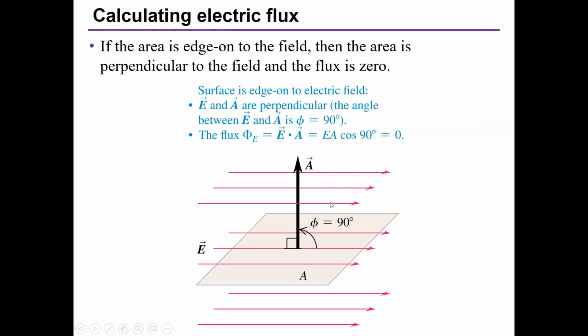So if you insert the value of phi in this equation, the total electric flux will be 0, which is the minimum electric flux passing through a certain surface, right? When the surface is in edge-on position, the electric flux will be minimum, which is 0. When the surface is in face-on position, like the first one at the beginning, then the electric flux passing through that surface is maximum. Remember that.